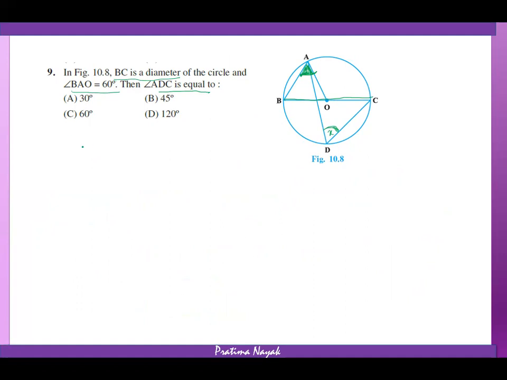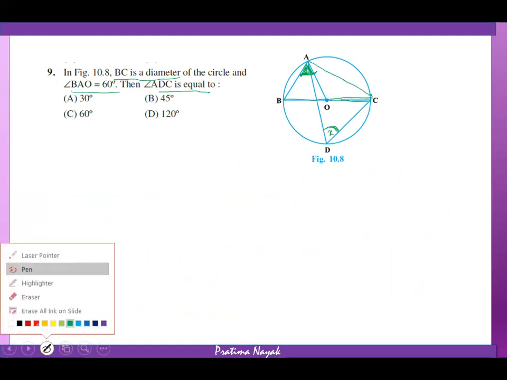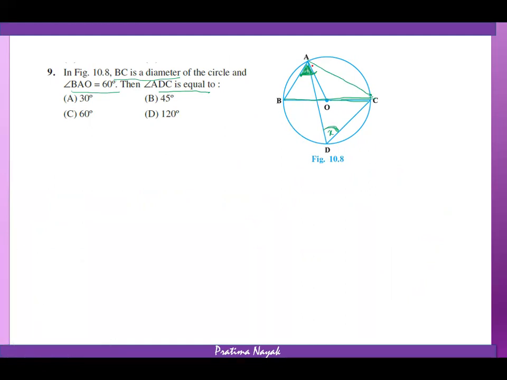How to do it? This is the diameter, so use the diameter. I am joining this. Then angle BAC is 90 degrees. And when this makes 60, the rest will be 30 degrees.